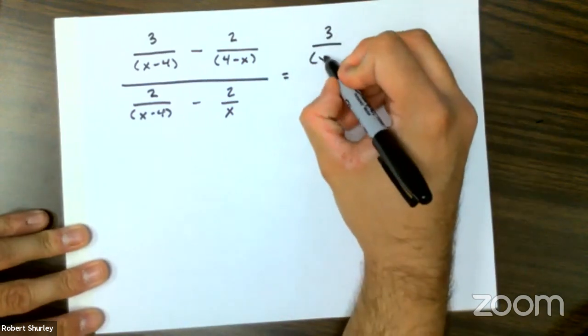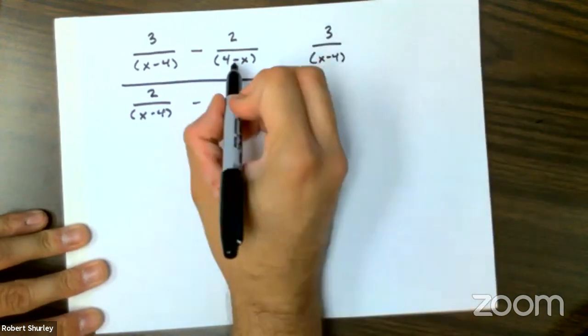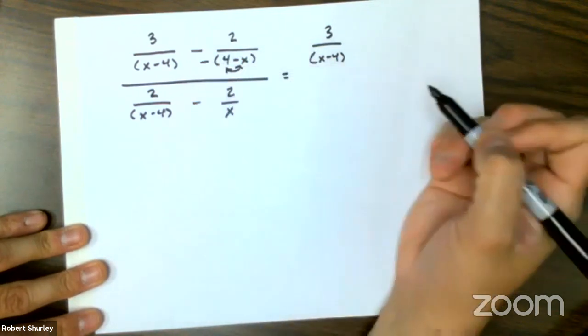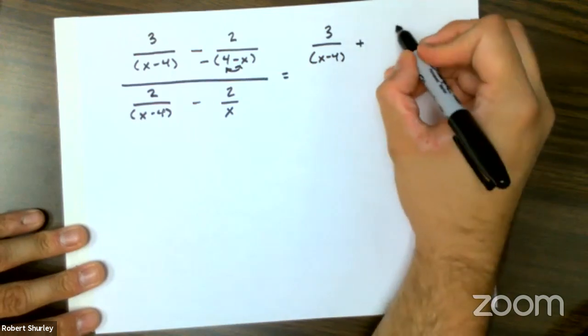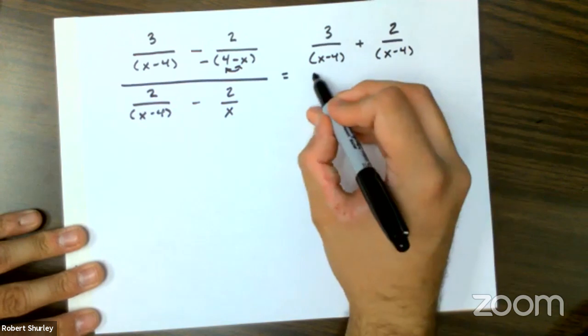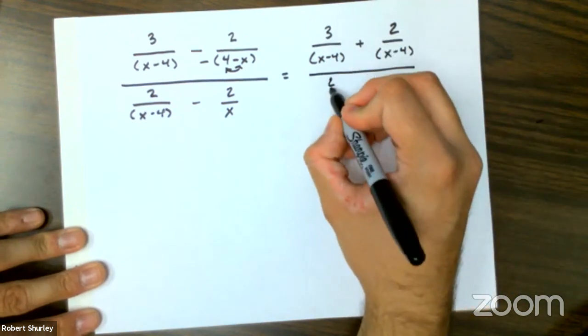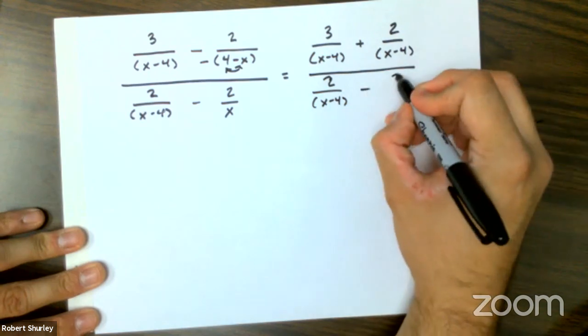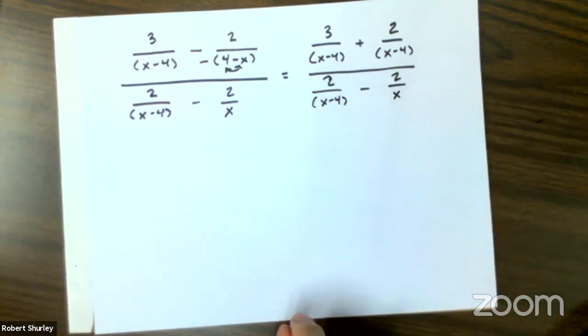So 3 over x minus 4. Now, look, I factor out a negative. These switch, and these two negatives make a positive. So it turns out to be plus 2 over x minus 4 all over 2 over x minus 4 minus 2 over x.